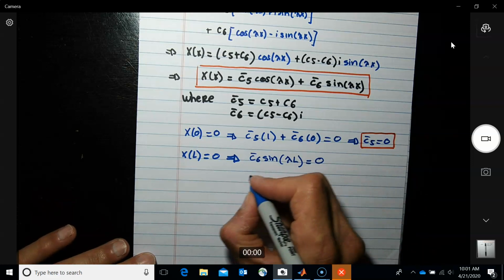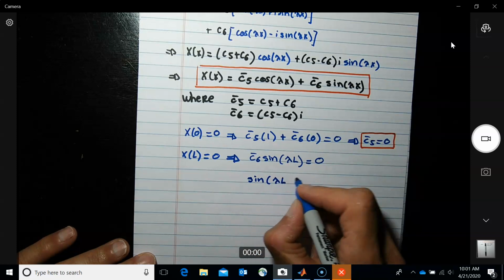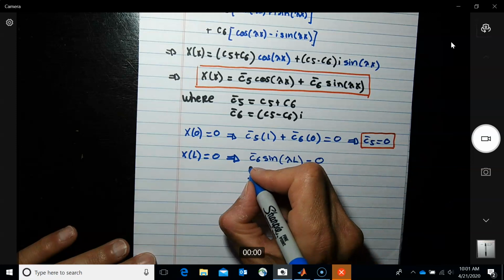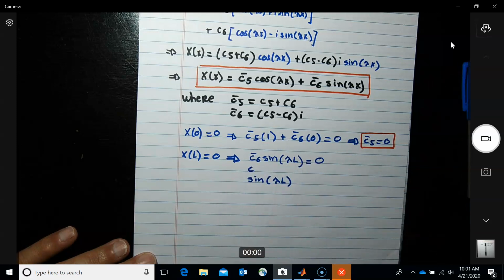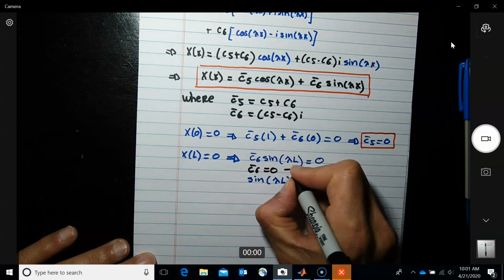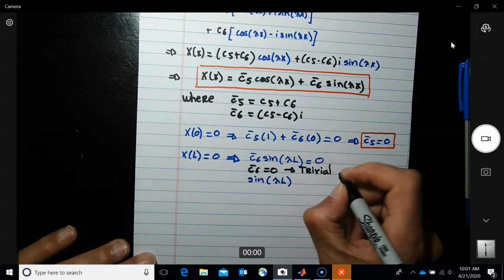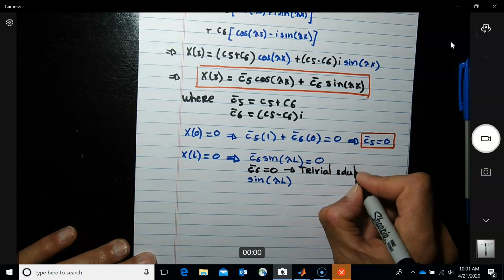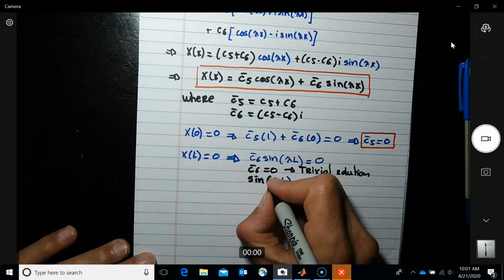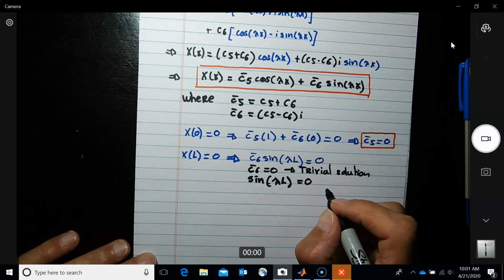Or we'll have sine of lambda L equal to 0.